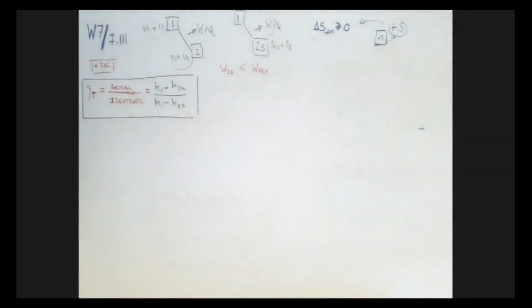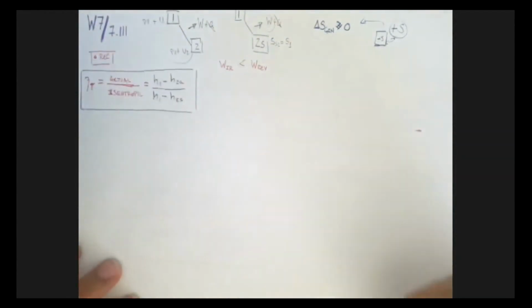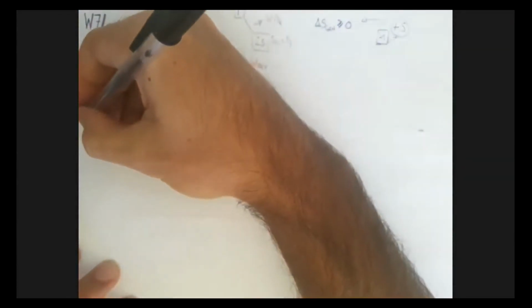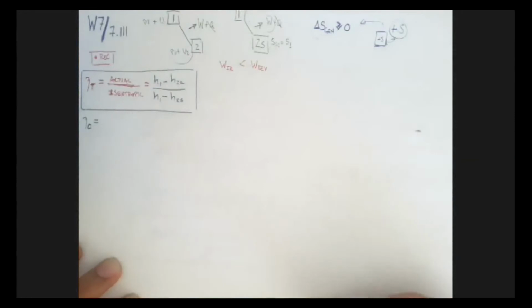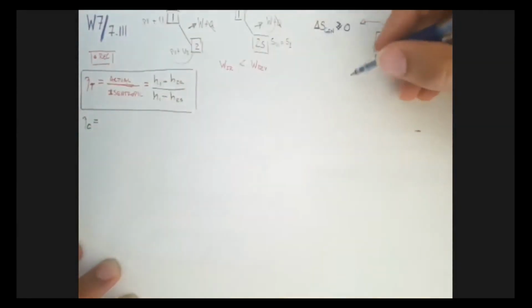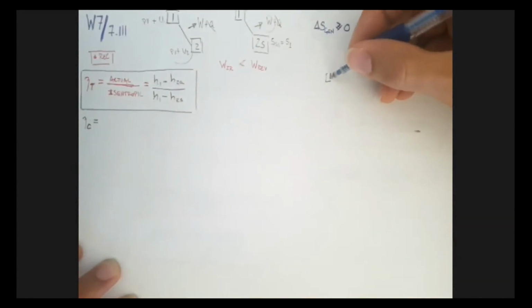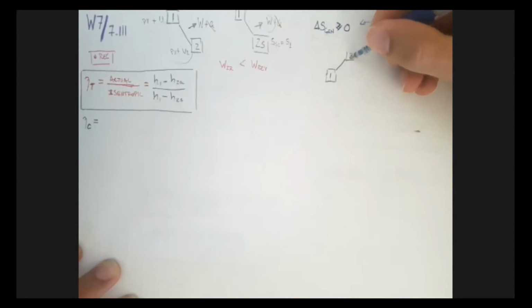And one thing that's very important to note is if we have a compressor, C for compressor, instead of a turbine, this is all flipped. Because what happens if we have a compressor? Then our situation is the inverse. We have a lower state of energy, and we are aiming to go to a higher state of energy, so I need to give energy to my system.